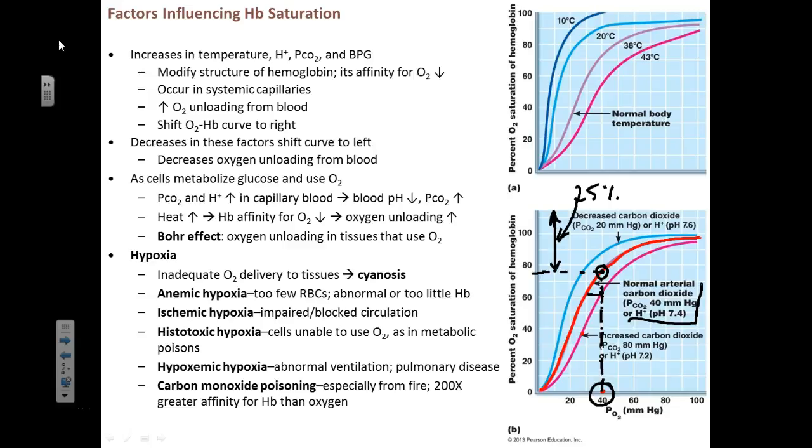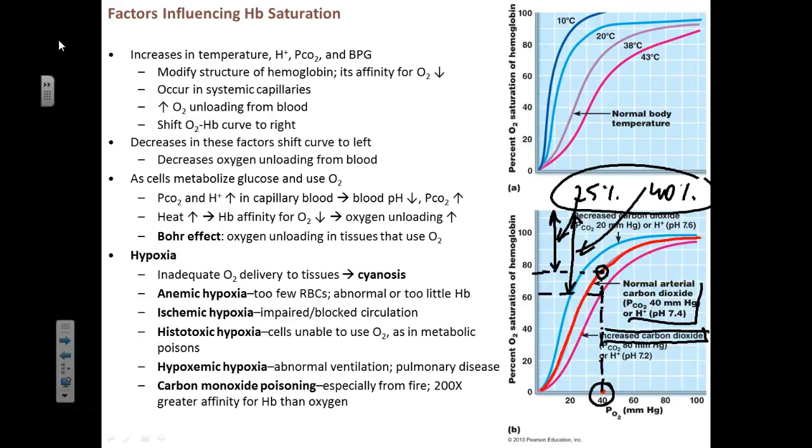So the corresponding unloading will be roughly 40. So what is the conclusion? Increased carbon dioxide increases unloading. Very good. Does that make sense?